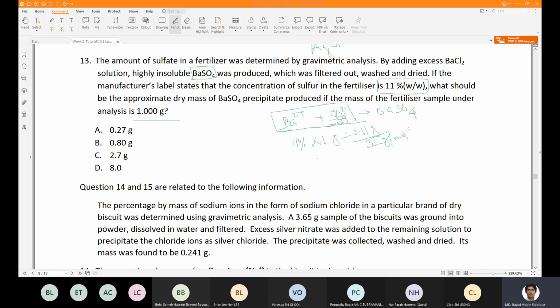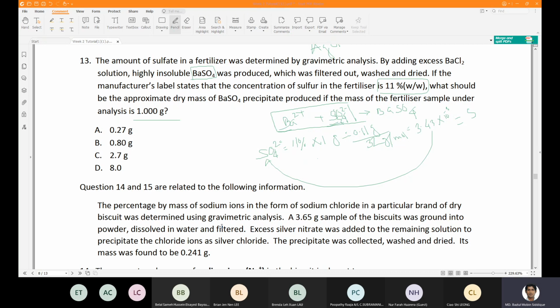Okay, I am not going to write it, you understand what I'm saying. And this is for the sulfate ion, 3.43 times 10 to the negative third moles. So in this mole, there is only one sulfur as well, isn't it? So the number of moles of sulfur will exactly be the same. This is the number of moles of sulfur as well.